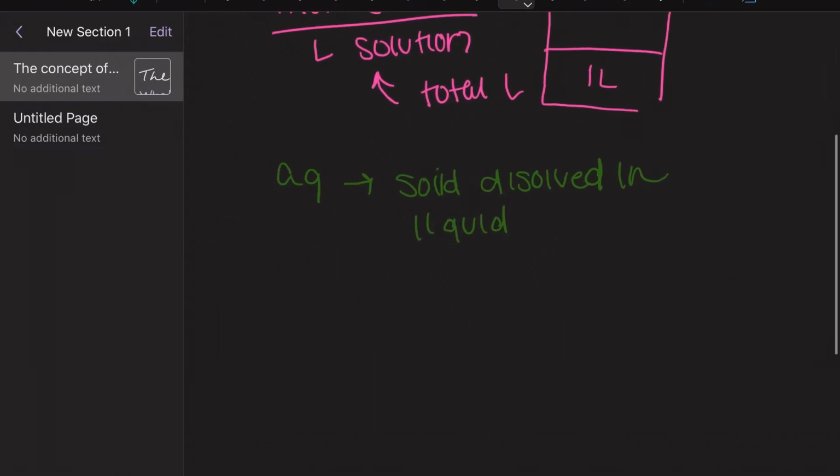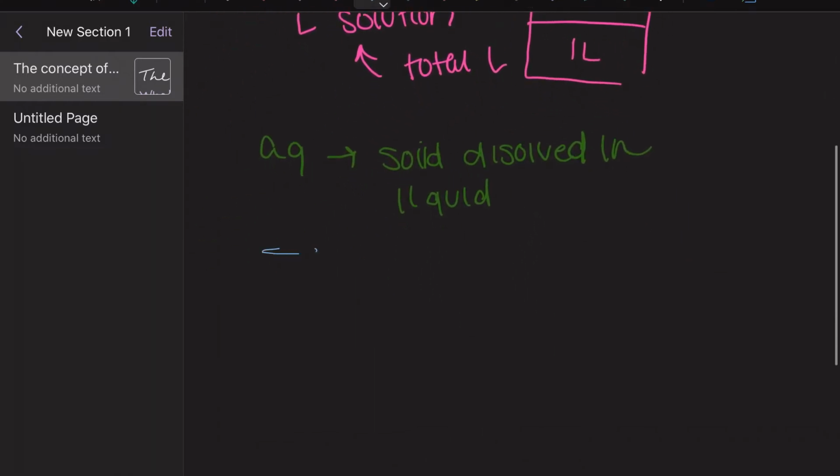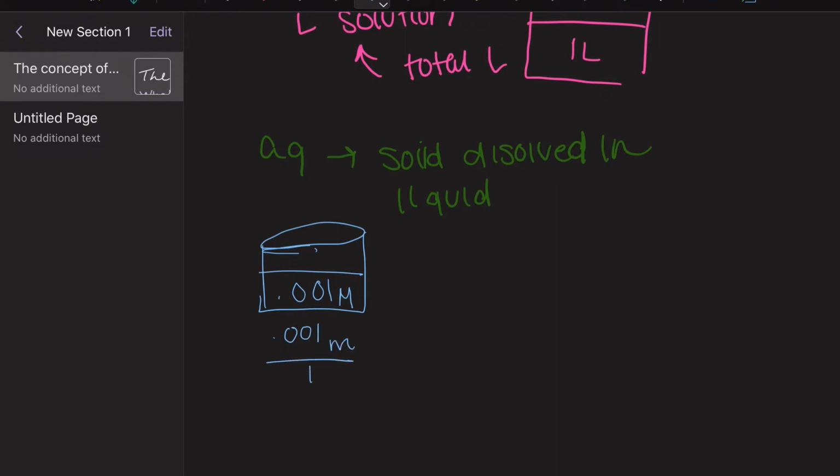So you could have a beaker that is 0.001 molar, which means that you have 0.001 moles in every liter. Or you could have a beaker that is 50 molar, and that means that every liter has 50 moles.